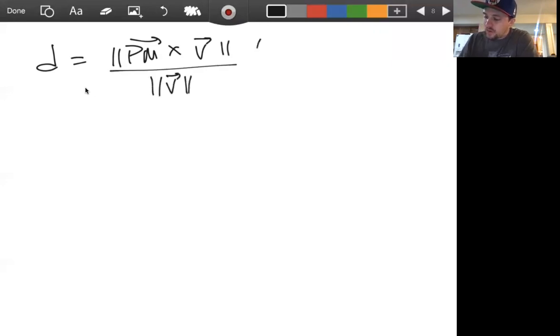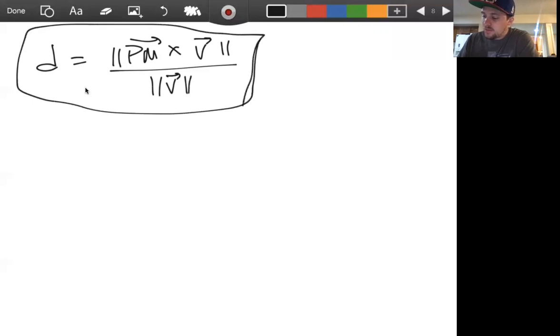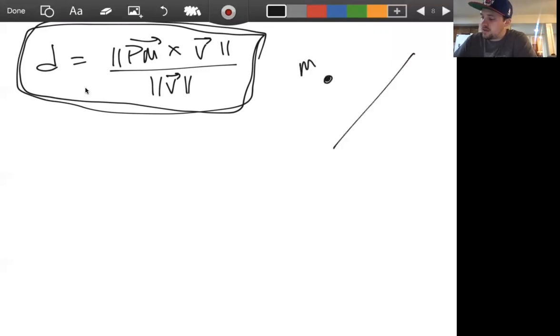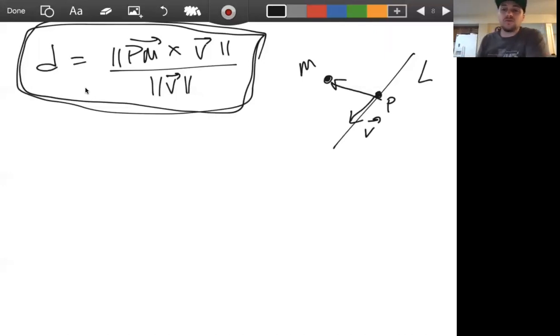And so this is how we find the distance between a point to a line with point P and direction vector v. So here's our equation. We just take the point, we take a vector starting at P to M, we take their cross product, take the magnitude, divide it by the magnitude of v, and then we're done.